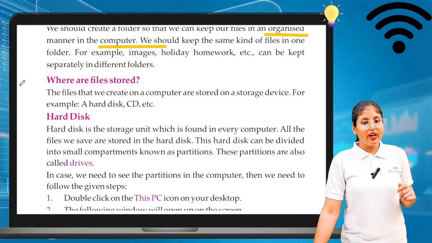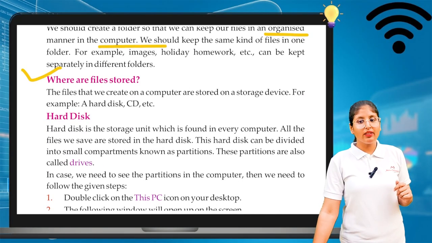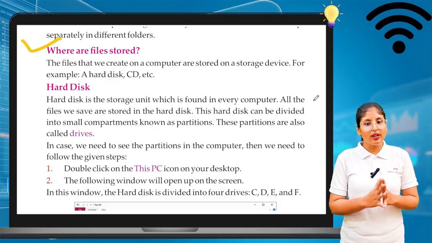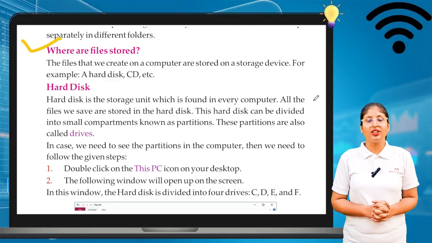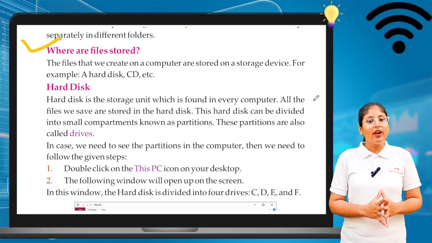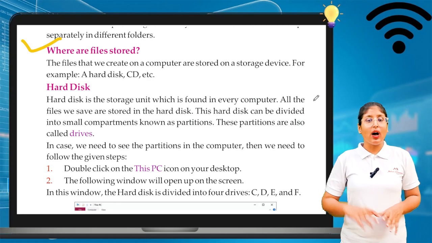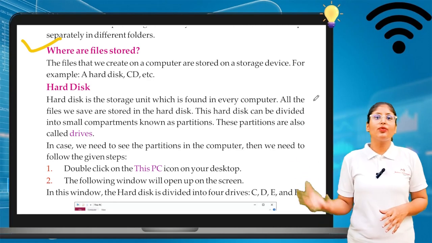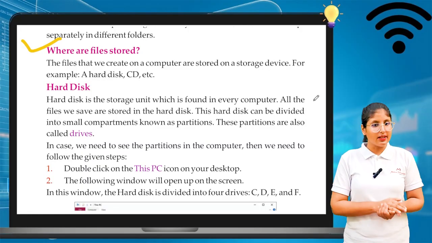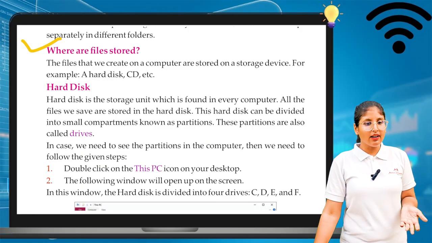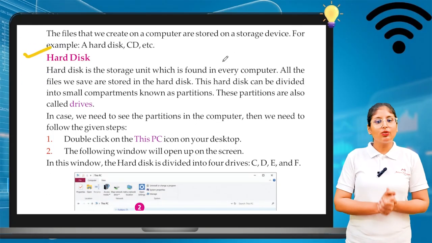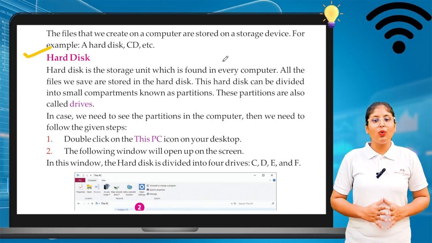Now, where are files stored? The files that we create on a computer are stored on a storage device, for example a hard disk, CD, etc. First is the hard disk. The hard disk is a storage unit which is found in every computer.